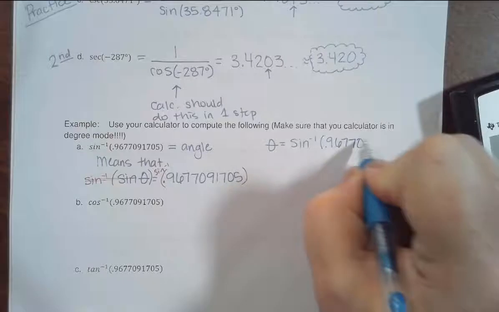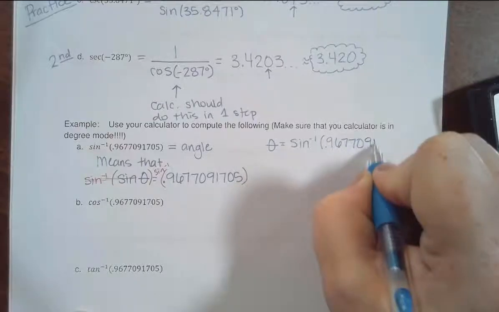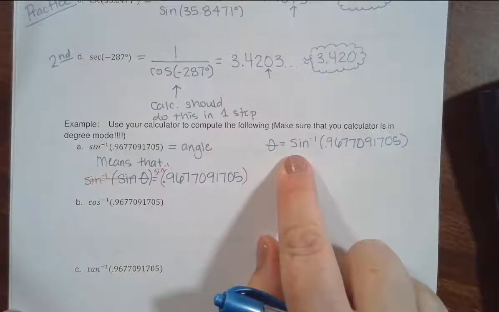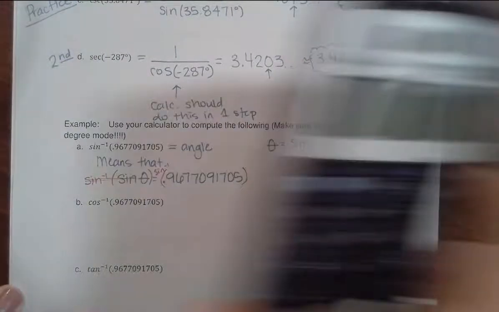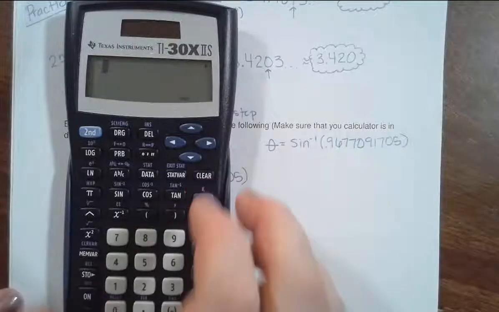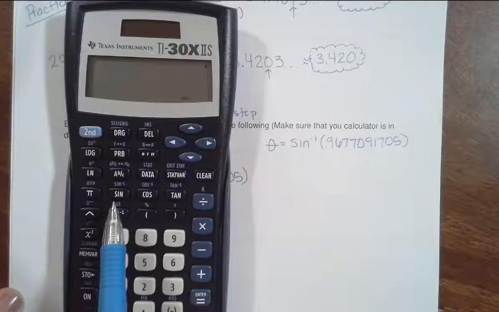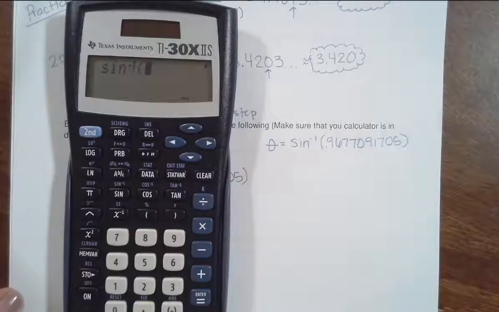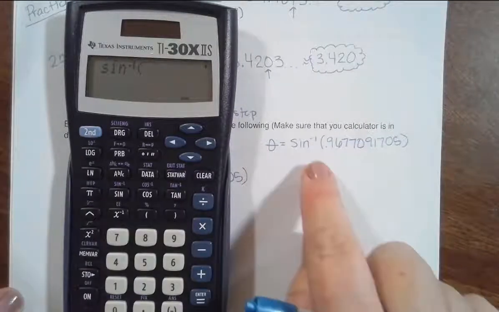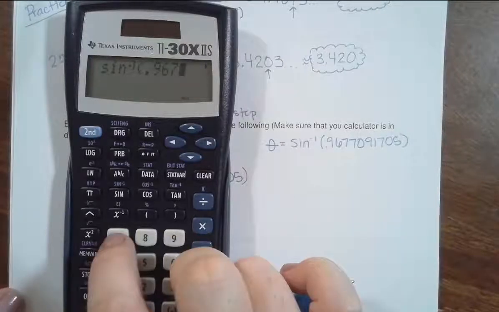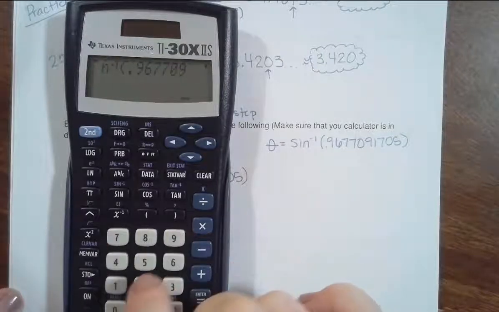0.91705. Okay, but in order to solve this, we're going to plug it into our calculator, just like you would assume. We're going to use that inverse sine button. On my calculator, it's the second function on the sine key. So I'm going to hit my second function button and then sine, which shows the sine inverse, and then I'm just going to type in the number they gave me, which is 0.96770911705, and hit enter.